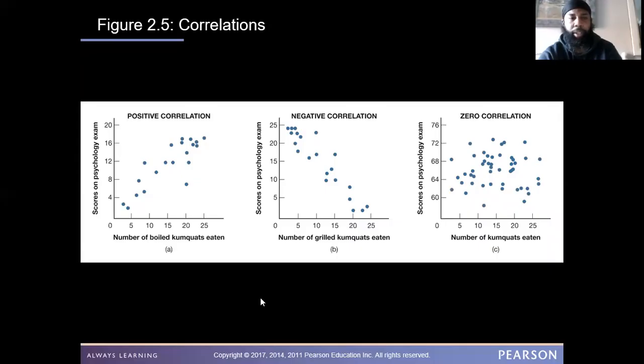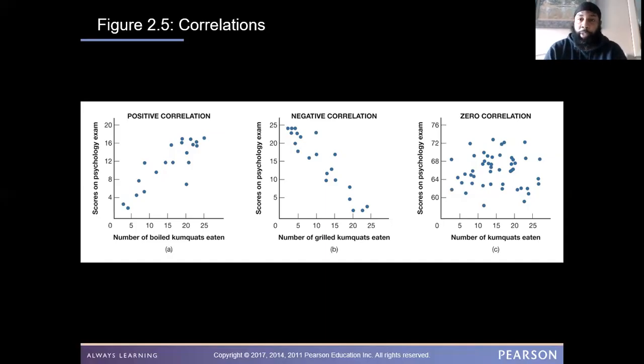So we covered this example somewhat last week, right? A positive correlation is going to slope upwards. A negative correlation is going to slope downwards. A zero correlation, points are all over the place. So even if you were to put a line in between in either direction, you would see that overall statistically, none of the data points, i.e. none of the participants in our study, are close enough to the slope line to have any meaningful results.